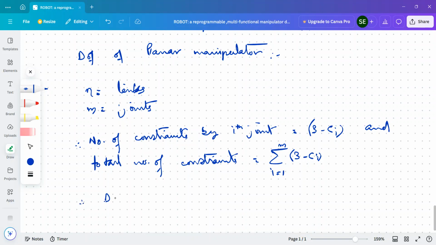Therefore, degrees of freedom is equal to 3n minus the summation of i equal to 1 to m of (3 minus ci).